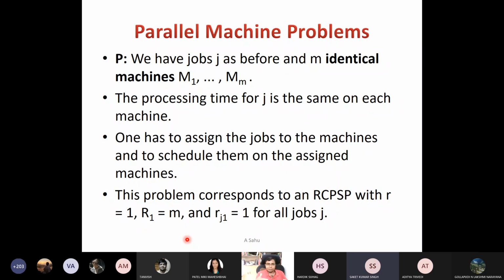Earlier the example was plumber and electrician. Now only one type of resource, machines. Okay, got it, thank you.